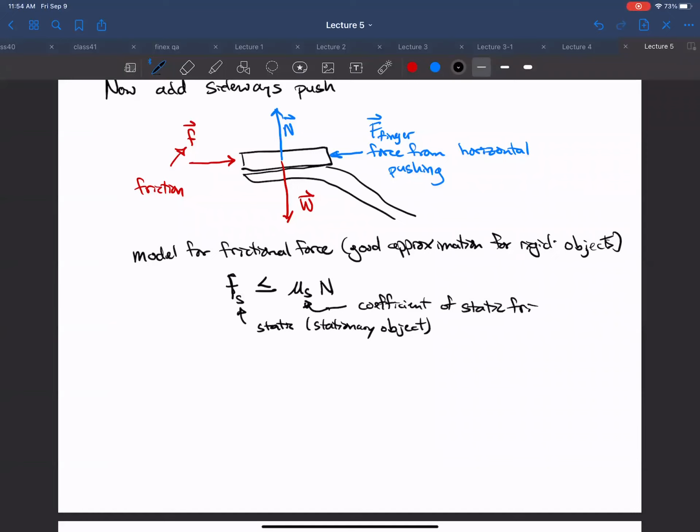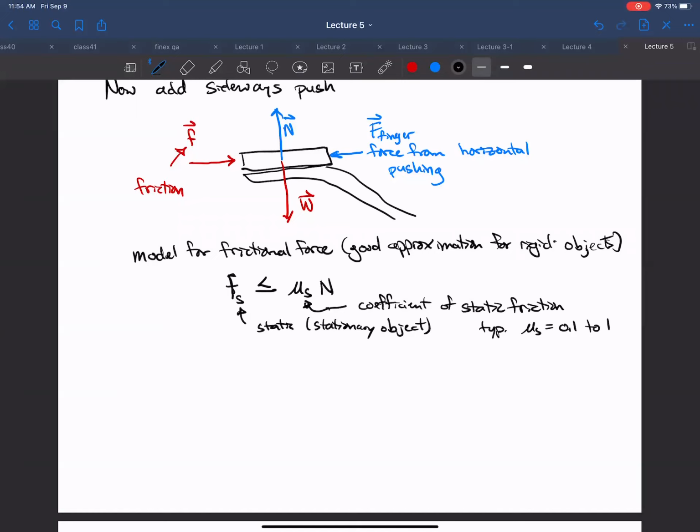It's a dimensionless number, which typically has values between, let's say, about 0.1 and 1, but in some cases it can be larger than 1 if you have very nicely oiled surfaces or something like that. It might be less than 0.1. So typically mu sub s ranges from 0.1 to 1.